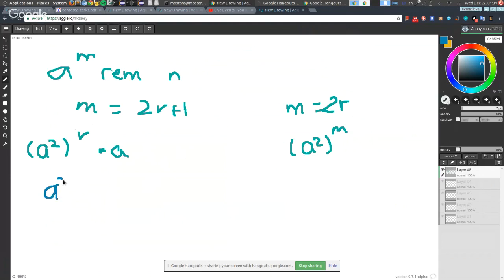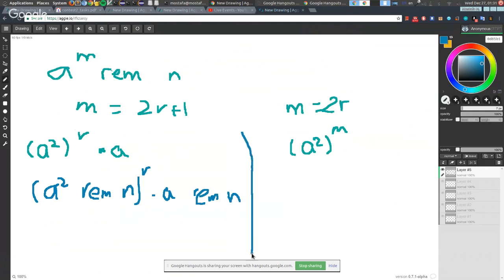And so this part you can say it's like the number n. So r then times a, the number n. For this section, and for this part we have a squared, remainder n.